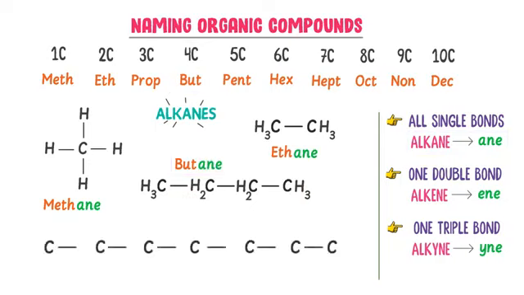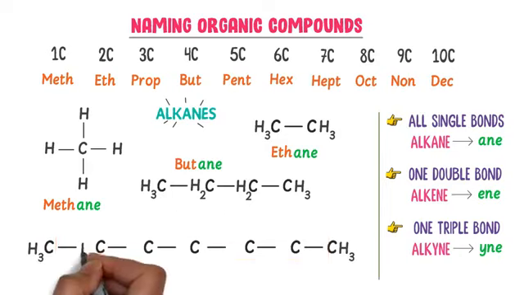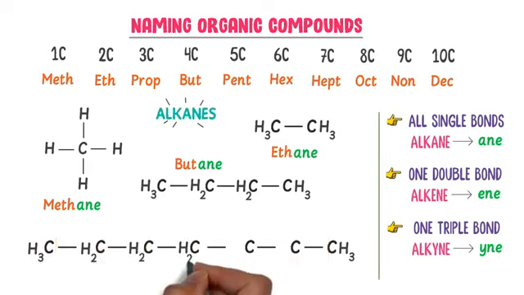Fourthly, consider 7 carbon atoms. Pause the video and try to name this organic compound. Well, this carbon and this carbon form 1 single bond, so I write H3 and H3. The rest of the carbon forms 2 bonds each, so I write H2, H2, H2, H2 and H2.